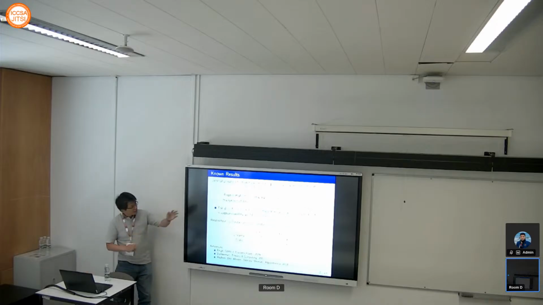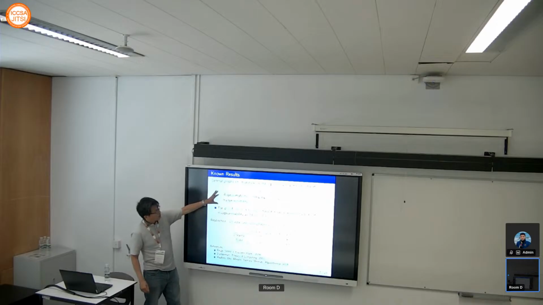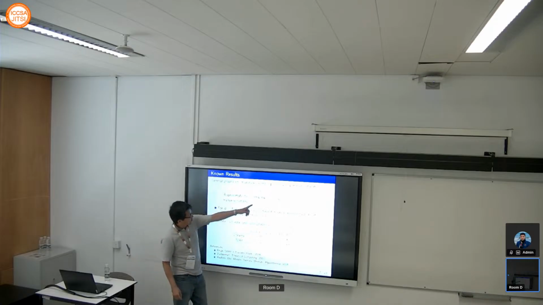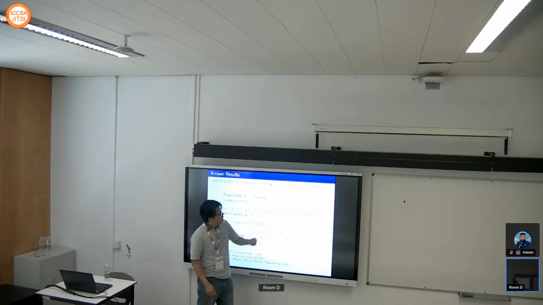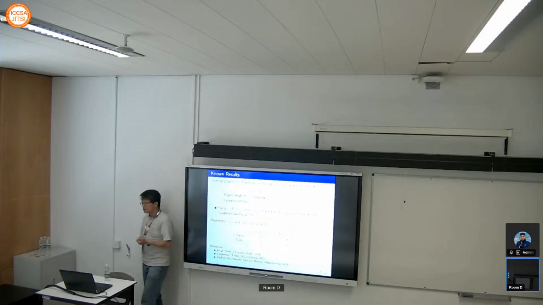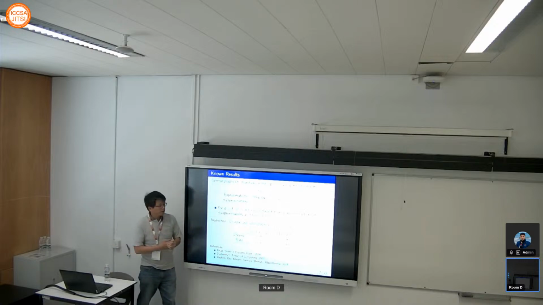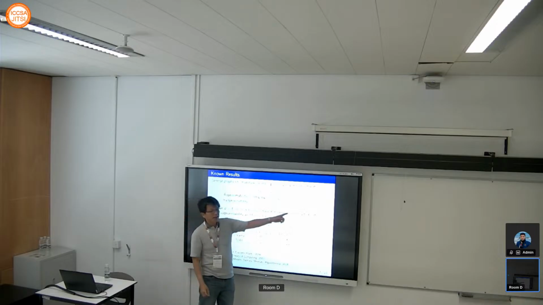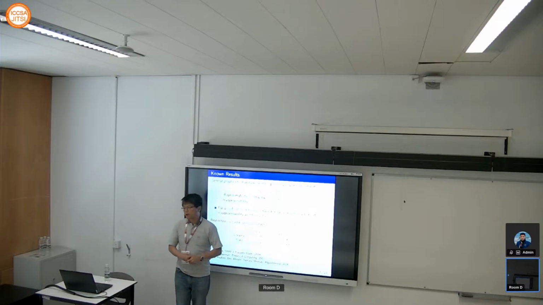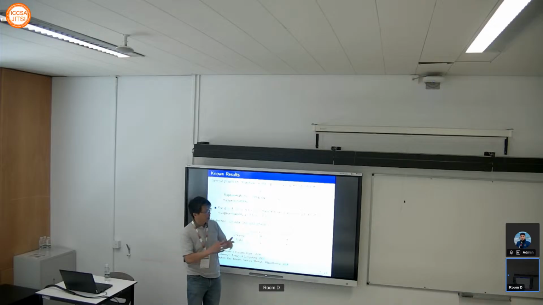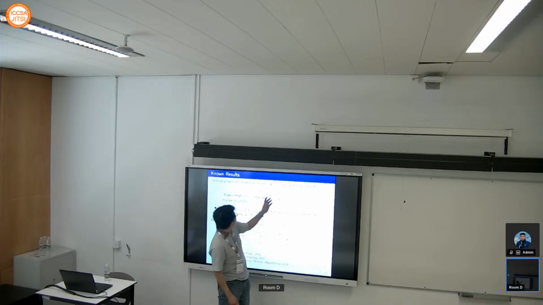So this table shows known results for general graphs. For maximum clique, there is an approximation algorithm with approximation ratio of square root of n, and we cannot have any approximation algorithm with ratio slightly smaller than the cube root of n.